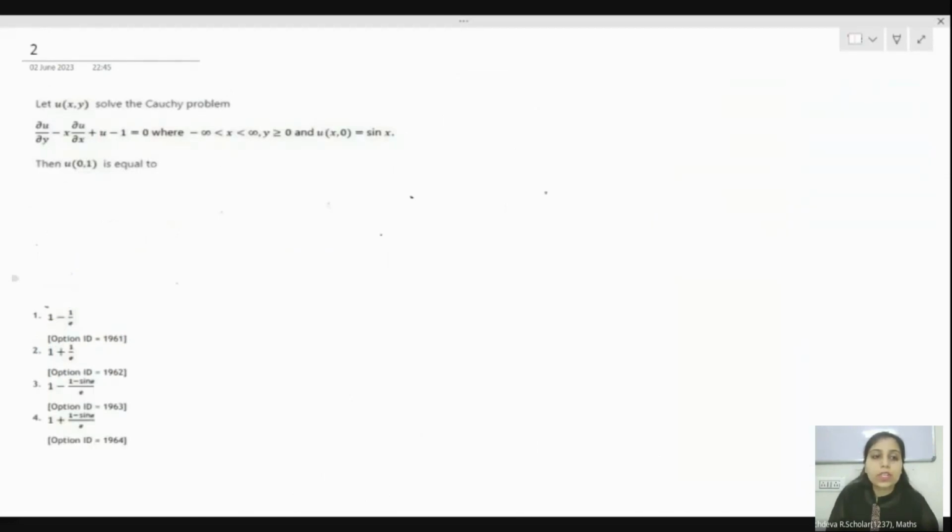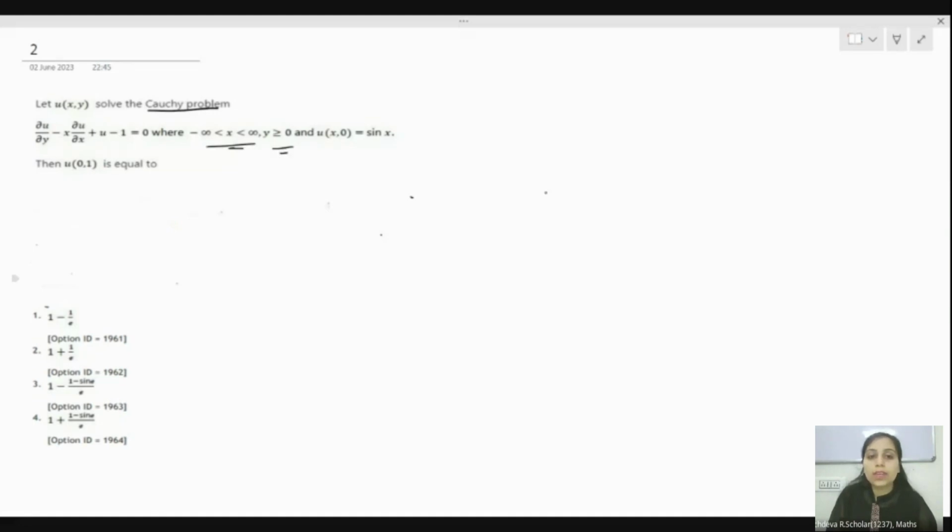Yes, this question is based on the Cauchy problem. Let u(x,y) solve the Cauchy problem: ∂u/∂y - x ∂u/∂x + u - 1 = 0, where x lies between minus infinity and infinity, and y is greater than or equal to 0.